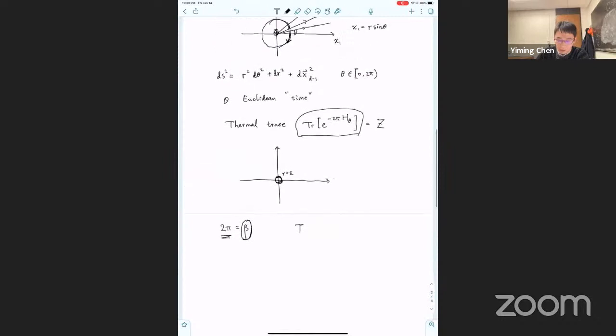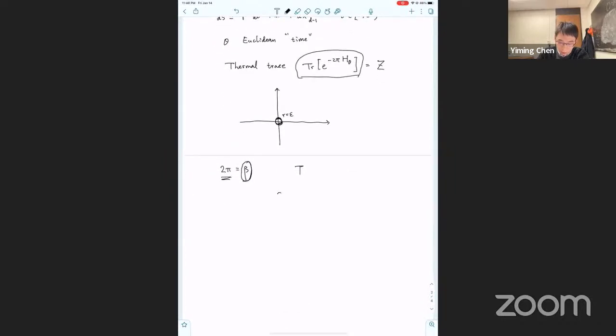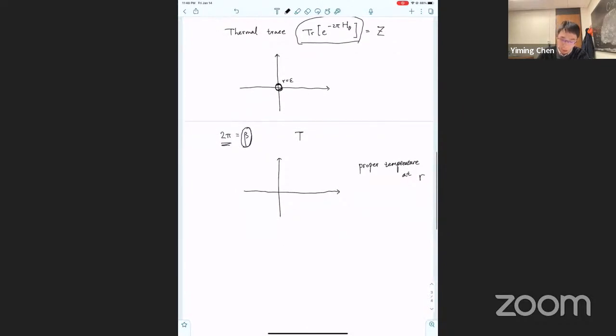The more proper quantity to look at is not really this 2 pi, but rather the proper temperature at some radius r. Okay, so how do we look at the proper temperature?